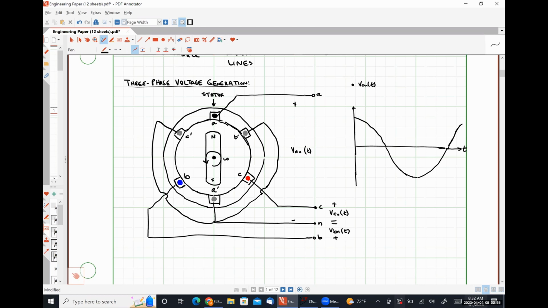Okay. So that's going to mean it's going to hit its peak about right there.